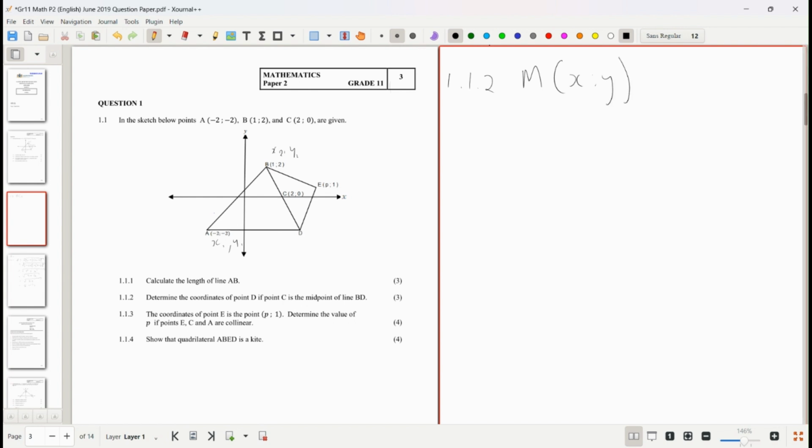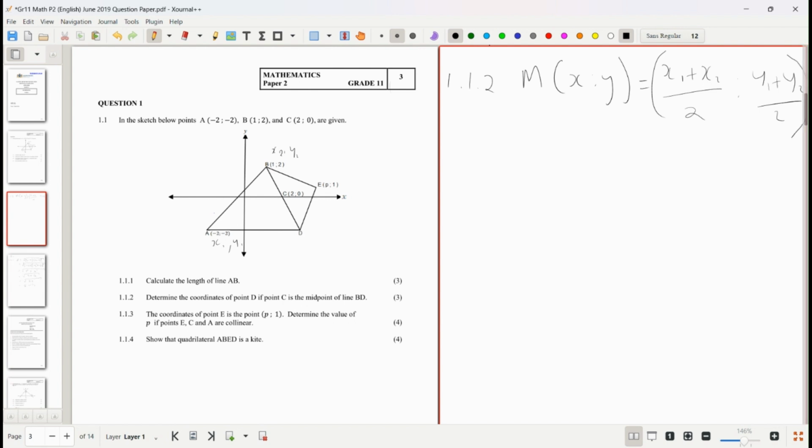So the midpoint x and y will equal x1 plus x2 divided by 2, y1 plus y2 divided by 2. We put brackets everywhere, right?